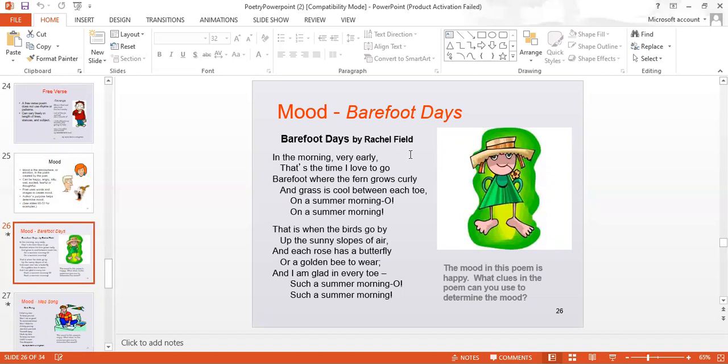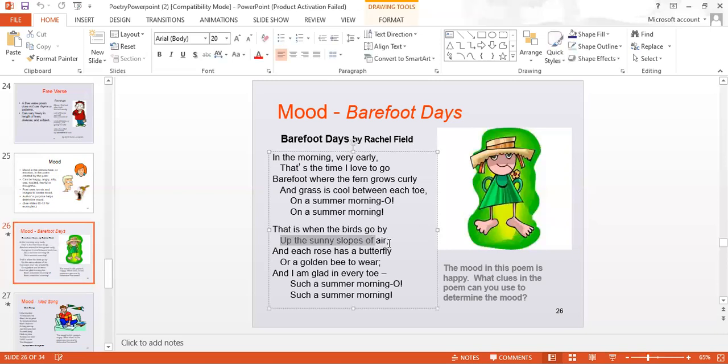So the mood in this poem is happy. Maybe you can think about what clues in the poem you can use to determine the mood. Let me just give you one example: up the sunny slopes of earth, and each rose is a butterfly.